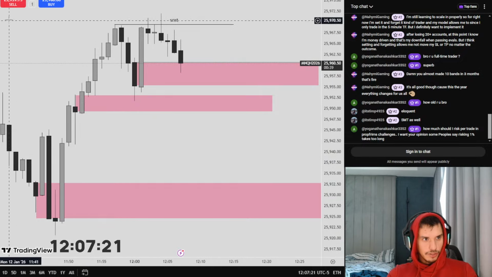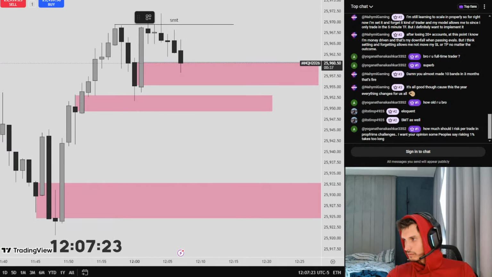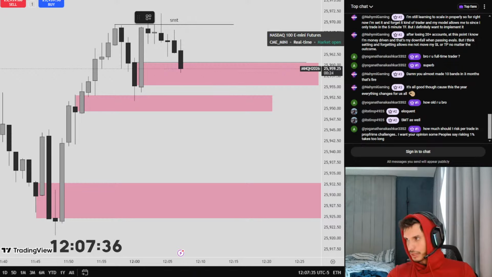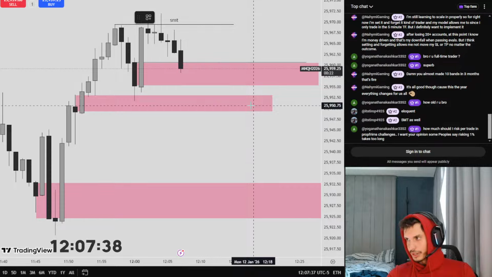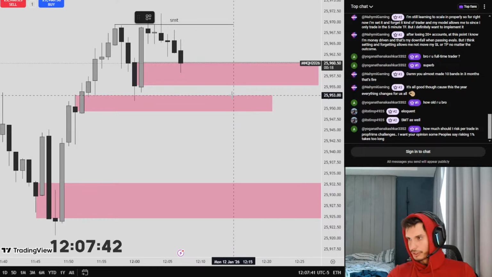ES is starting to shift as well, which is a good sign. We do have SMT at the highs, which is a good sign. Now let's see if we are going to be blessed with a unicorn. So far it's going good. ES is shifting beautifully.